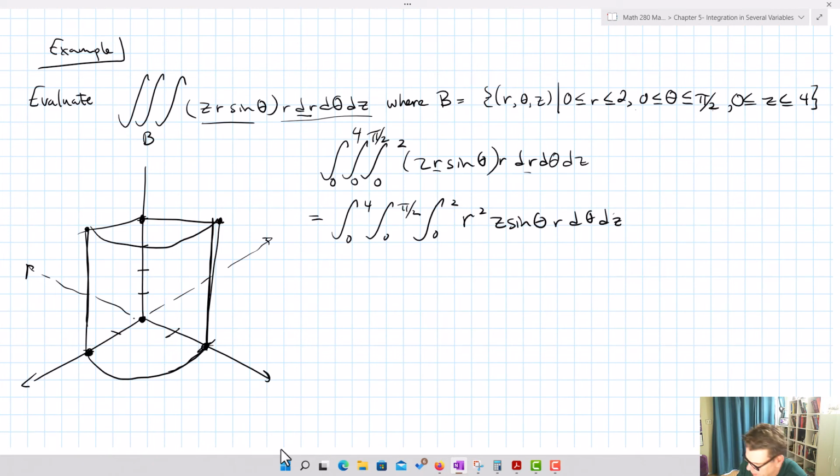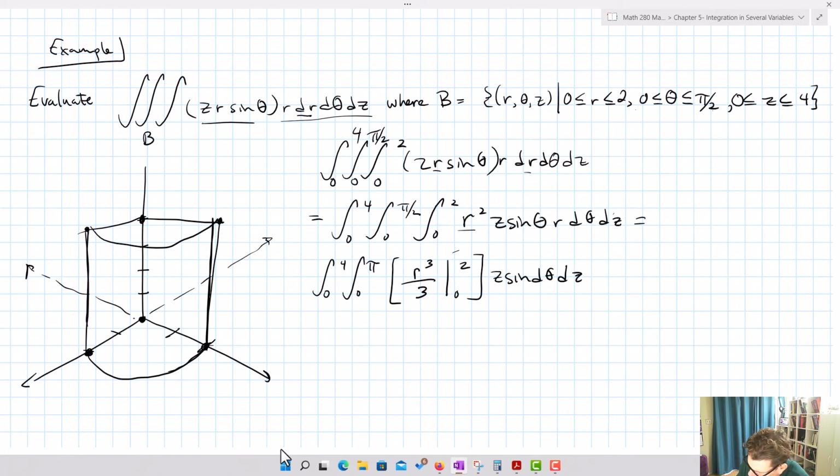We'll now integrate with respect to r only, keeping the theta values and the z values constant. So that's going to give me r cubed over 3, evaluated from 0 to 2, and then z sine theta, d theta dz.